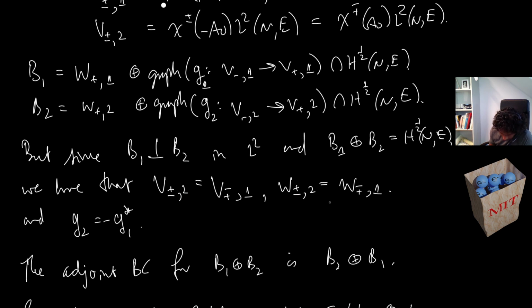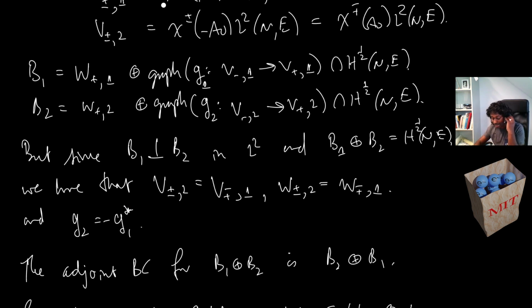If we didn't have that, and we took the adjoint boundary condition when A naught is a general bisectorial invertible operator, the adjoint operator then maps the A naught star.